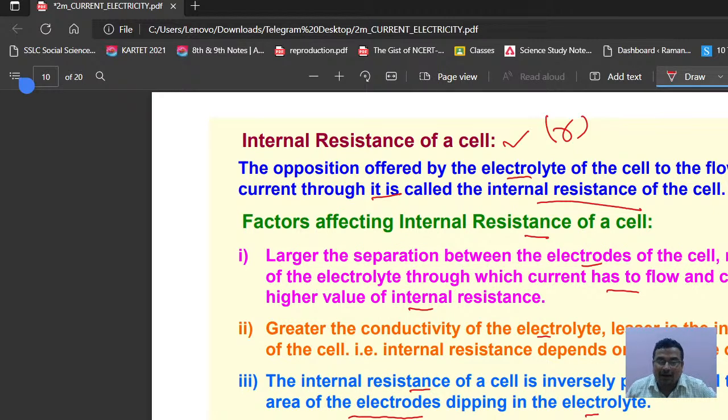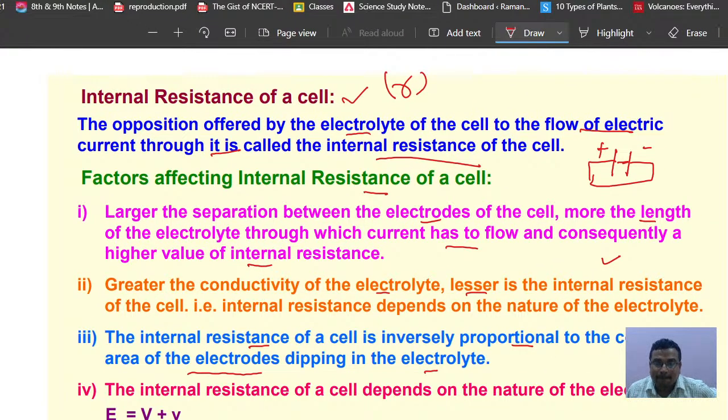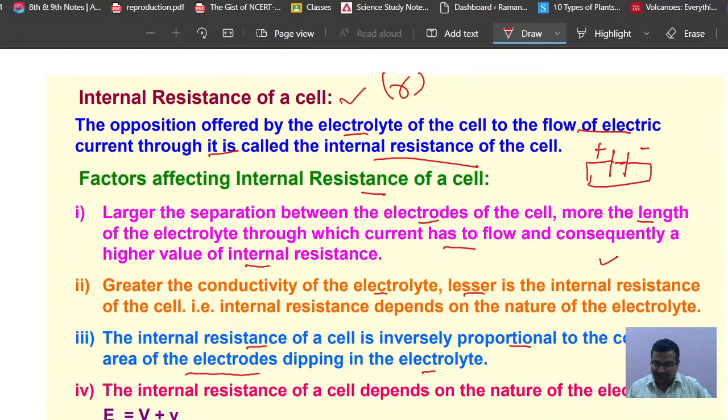As the area of the electrode increases, the internal resistance will decrease. Hope you understand this. Now move to the next topic.